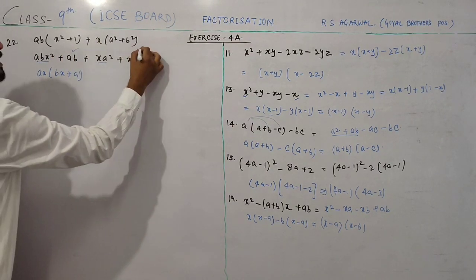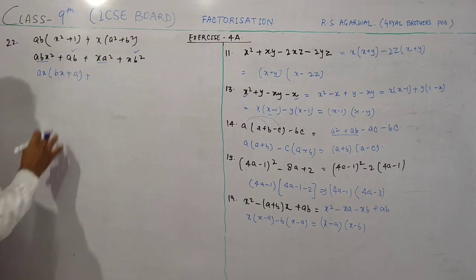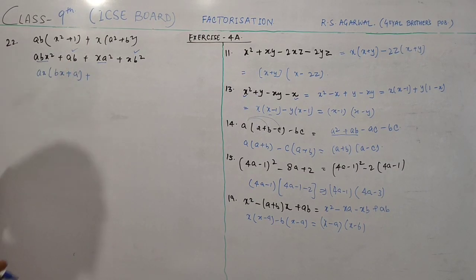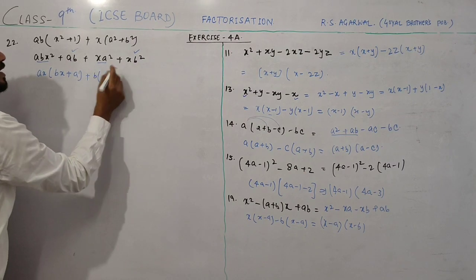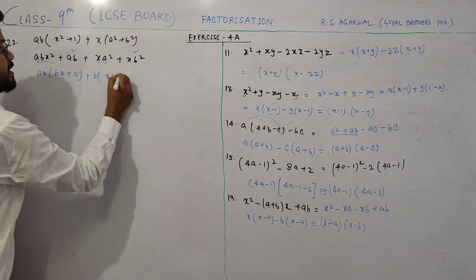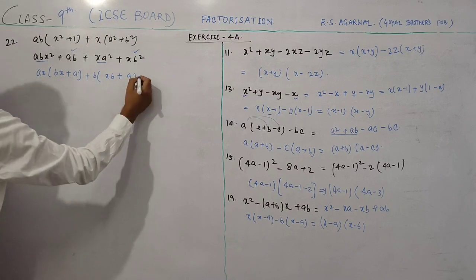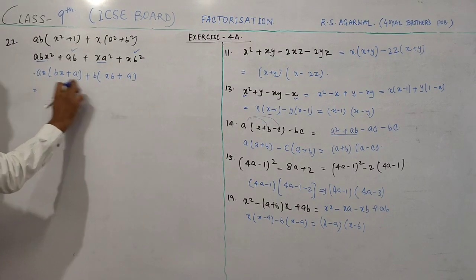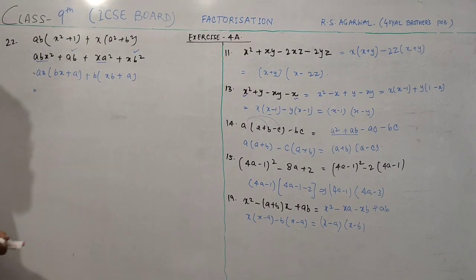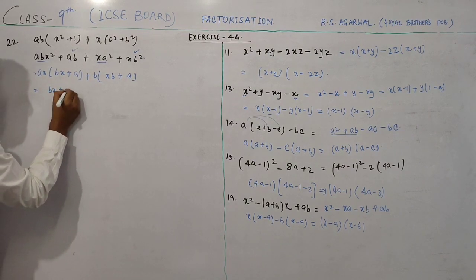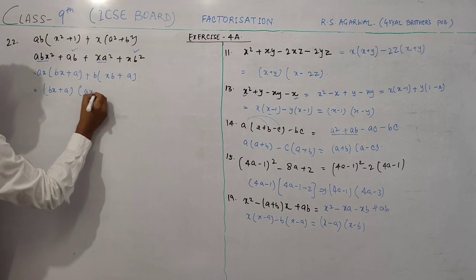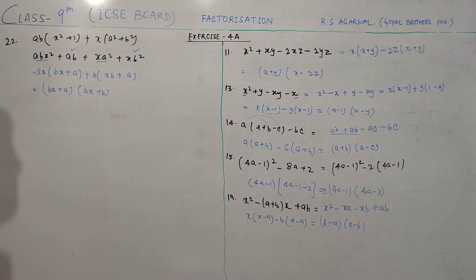Now from both of these, if I take common b, the remaining is here xb and here it is a. So look, this is bx plus a, this is bx plus a. So I simply take common bx plus a and the remaining is ax plus b. Both are the factors of this expression.